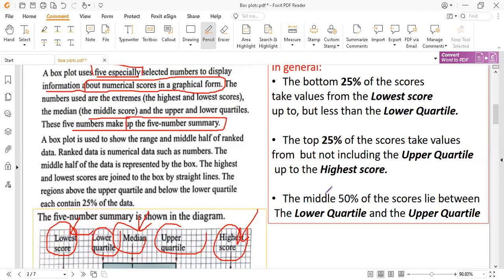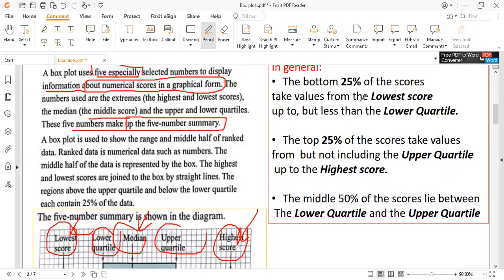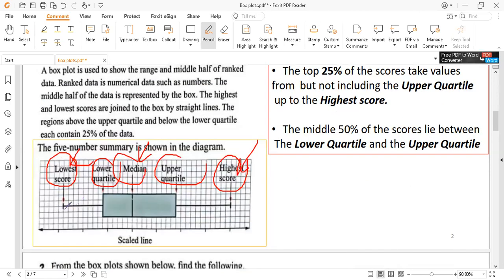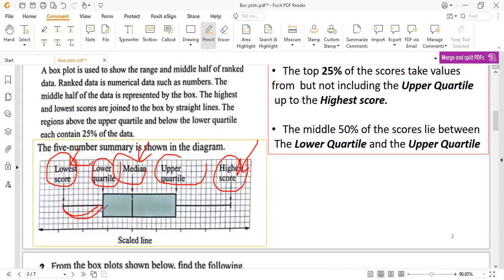What I can hint to you is that, in general, the bottom 25% of the scores take values from the lowest to the lower quartile. So normally this length or portion of this plot represents the bottom 25% of the scores.